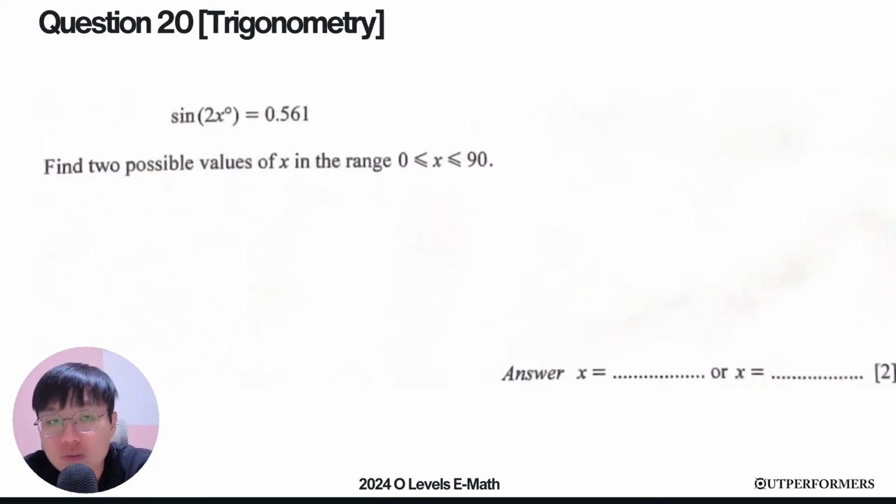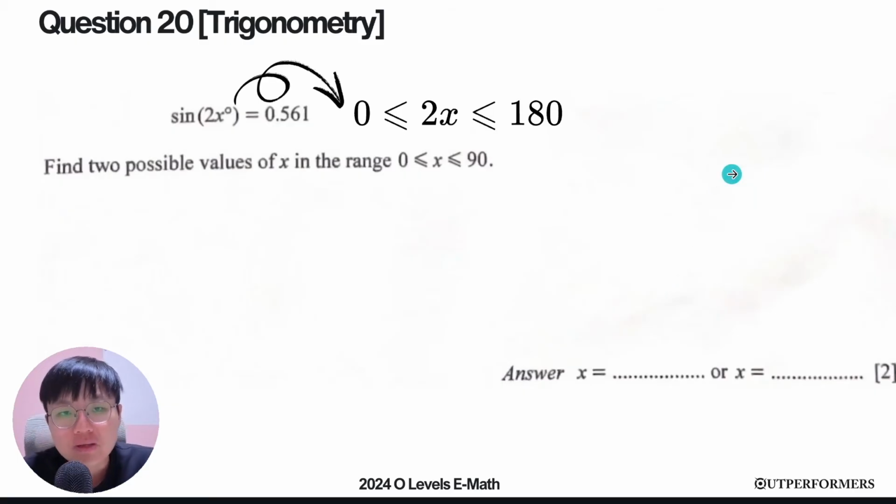Okay, we're going to move on to question 20 now on trigonometry. So the question is quite short. They just gave us sine 2x equals 0.561 and we need two possible values. This two possible values question is quite common, right? And we just need to consider two things, the acute part as well as the obtuse part. So one way for you to think about it is, since the range of values is from 0 to 90 and the question currently is 2x, we can also think about it as times 2 of it.